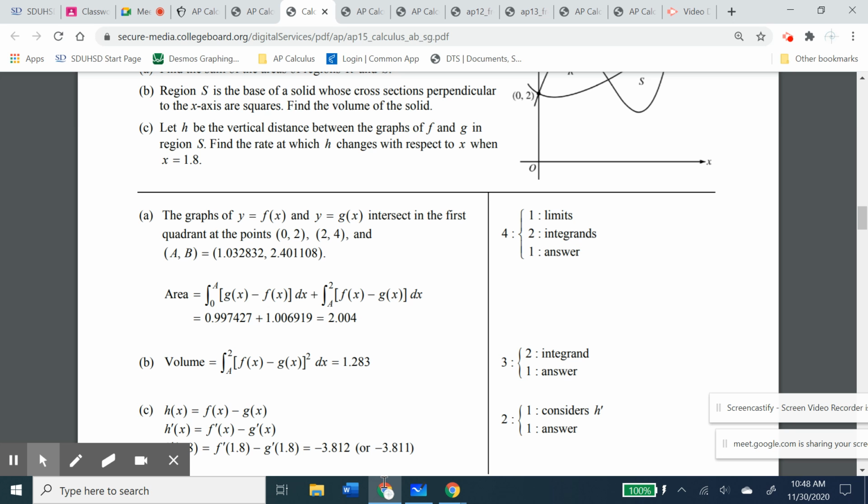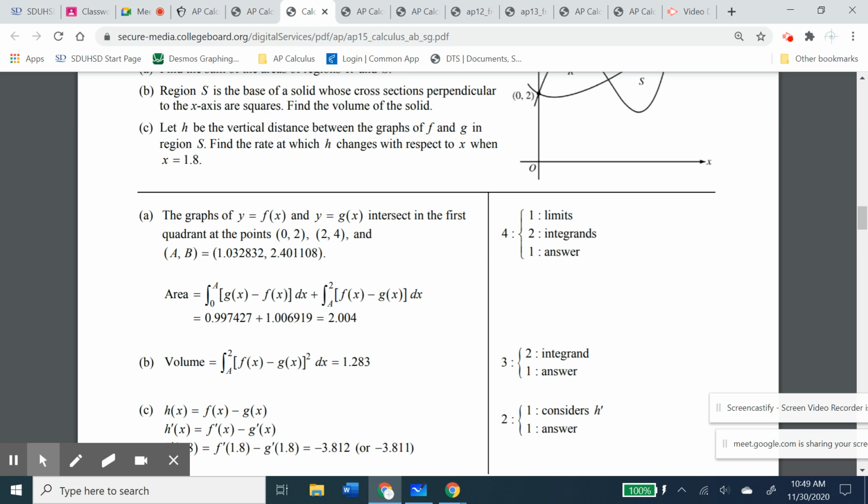That includes correct subtraction order going with the particular intervals of x. And then finally, 1 point for the answer. You're not eligible for the answer point if you mess up in any of the points before. Then in part B, you're back to being eligible for the answer point as long as you're using the same numbers or the correct numbers for the limit.